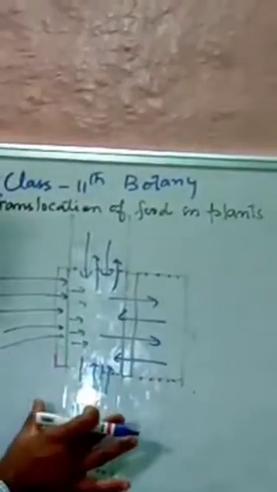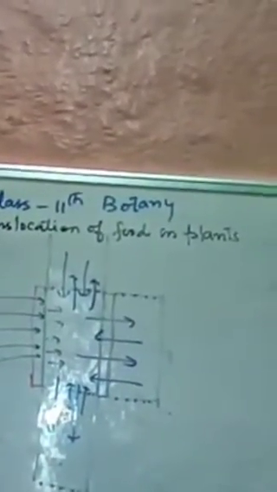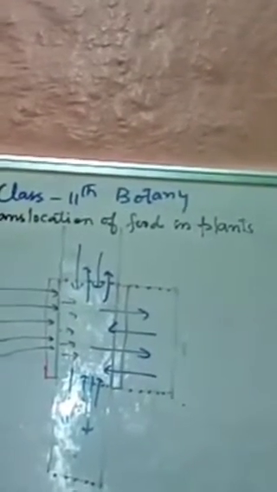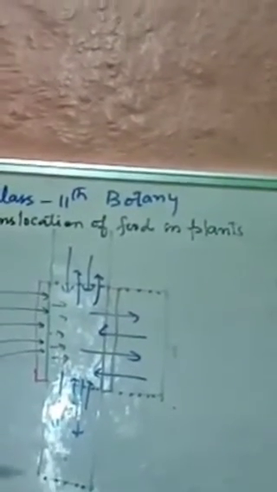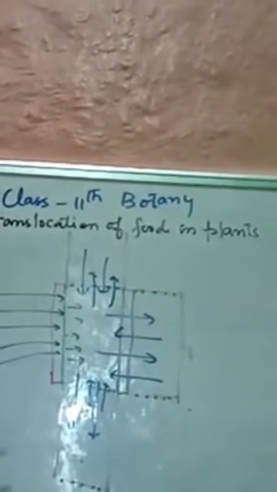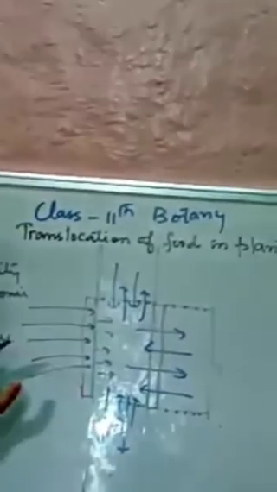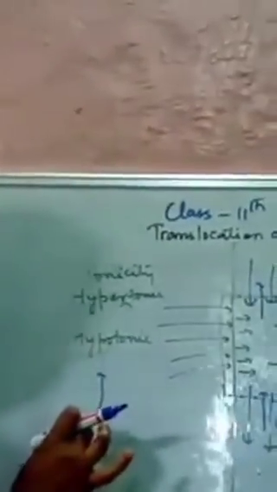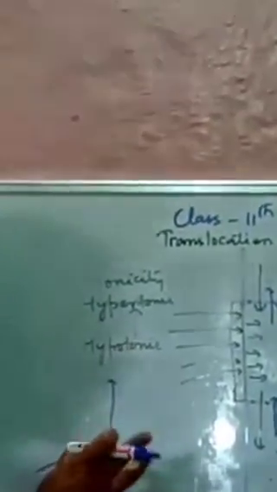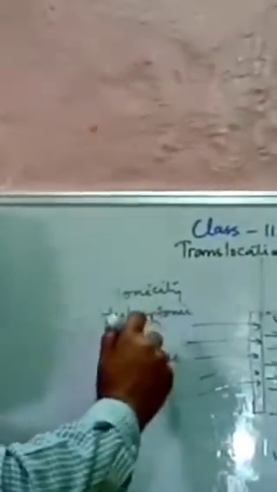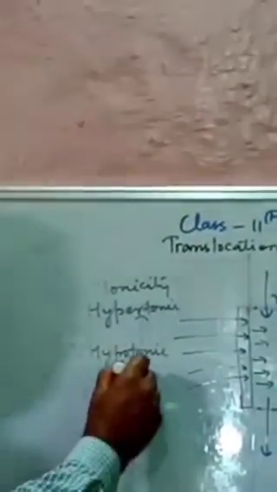Now here we see the movement of water: from soil to the root, and from the root, because of root pressure, then by the ascent of sap, water moves from the root cortex to the aerial parts of the plant. Water does not come back from the aerial parts of the plant.